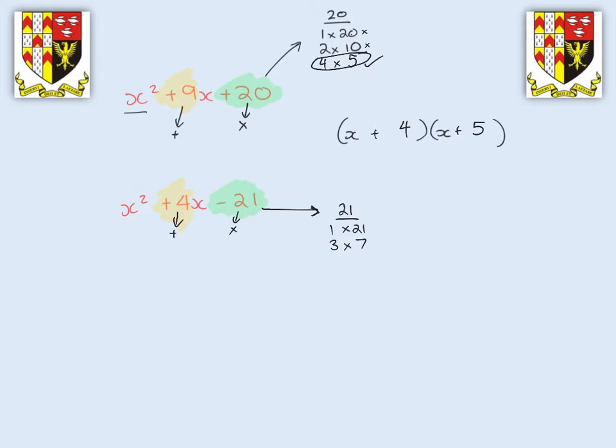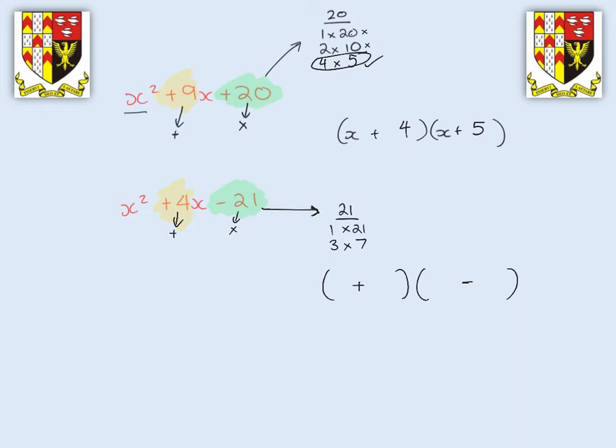Even though I say the sum here, I know that because they multiply together to give a negative number, the negative product, which is negative 21, in the brackets one of them must be positive and one of them must be negative. I can't make a negative number by multiplying together 2 positives or 2 negatives, so it must be that one is positive and one is negative.